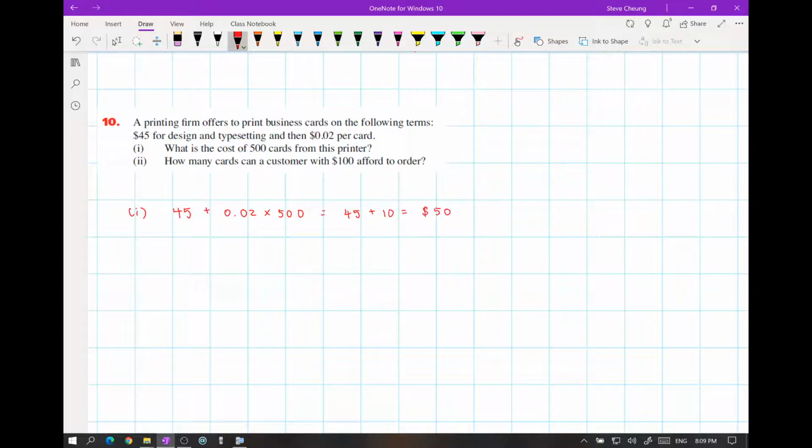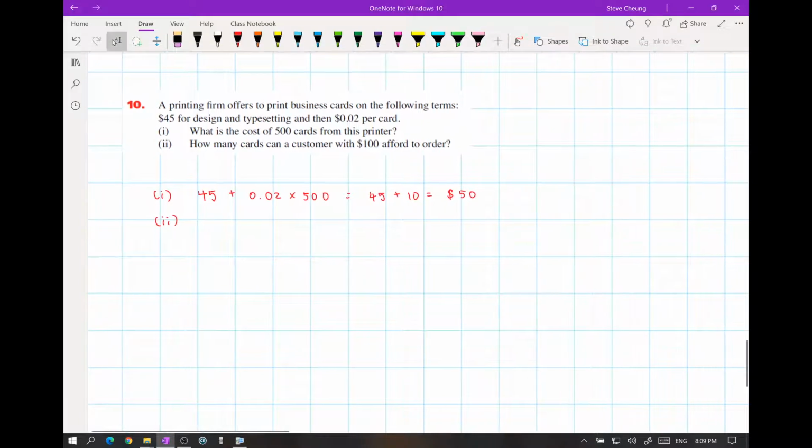Yeah. This one is an odd one because you don't even need to know sequences and series to actually figure out the answer. How many cards can a customer buy with $100? So you can think of this as, well, 45 plus 0.02n, the total cost, right? And you want that to be 100.